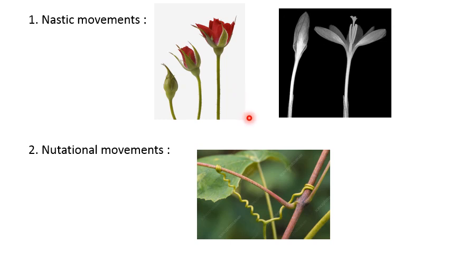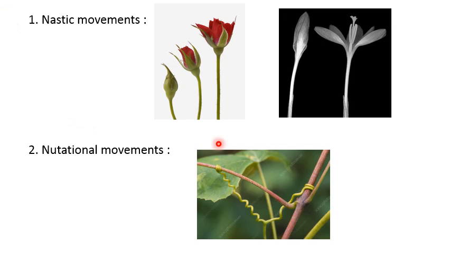The next type of movement is nutational movement. This is seen in the climbing organs of plants like tendrils. In tendrils, the growing region is shifted in a circular or spiral fashion, and coiling is brought about.